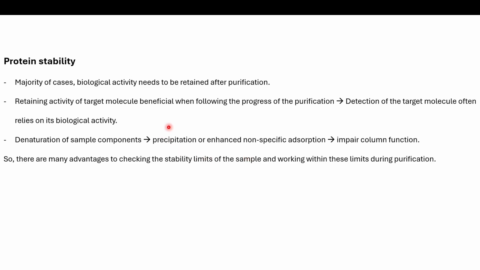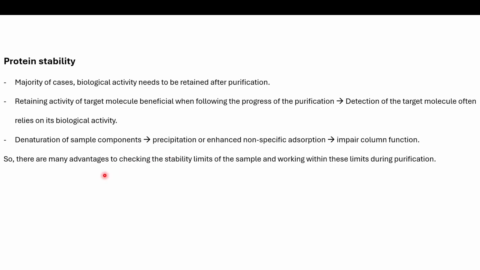Ultimately, all of these can impair the column function. This precipitation can take place on the column matrix as well, thereby clogging the pores of the matrix, or interacting with the surface of the matrix, which is important for interacting with your analyte.